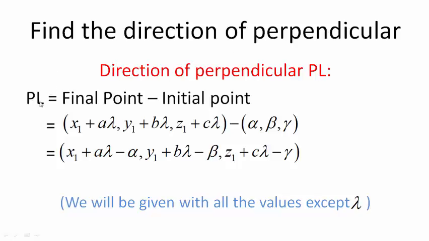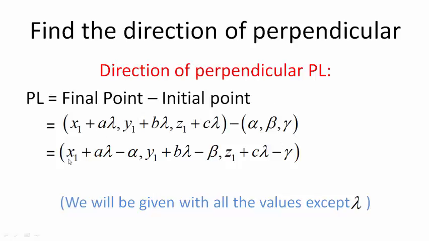PL will be given by final point minus initial point. The final point is L, whose coordinates you just found in the last slide: x1 plus a lambda, y1 plus b lambda, and z1 plus c lambda. And the initial point is alpha, beta, gamma, the coordinates of point P. If you subtract coordinate-wise, you will have x1 plus a lambda minus alpha, y1 plus b lambda minus beta, and z1 plus c lambda minus gamma.